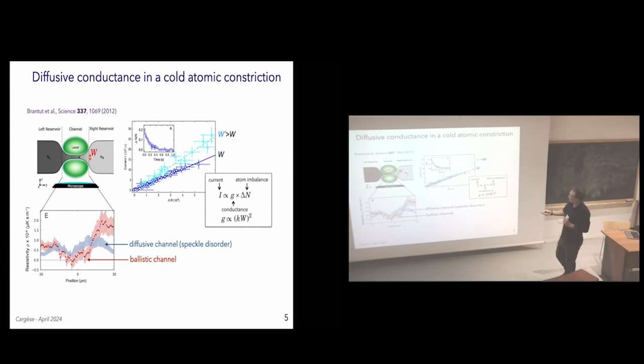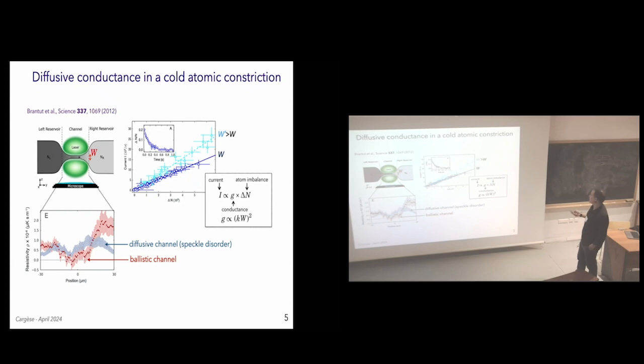And then they created a small atomic imbalance between these two reservoirs, so as to induce a current of atoms through the constriction. And by measuring this current versus the population imbalance in the two reservoirs, they could access this dimensionless conductance. So in this specific example, they actually probed the diffusive conductance because in addition, it's not shown here, but they superimposed on top of the constriction a small speckle beam to also simulate optically the disorder.